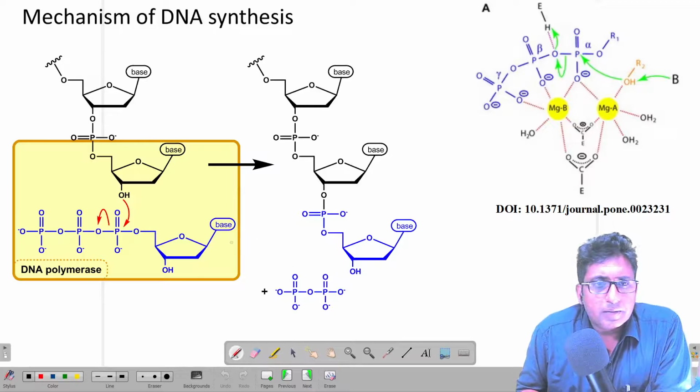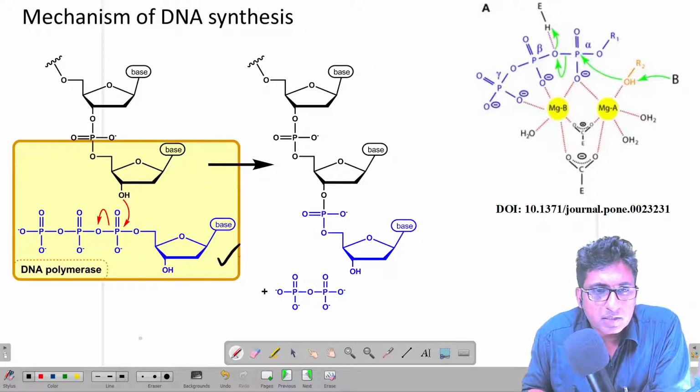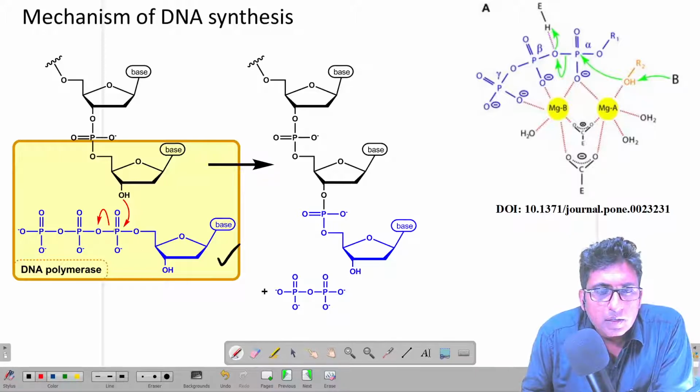Here is a DNA polymerase. Here we have a nucleotide, and the DNA polymerase is occupying this, and what it does is bind to and activate the alpha phosphate.